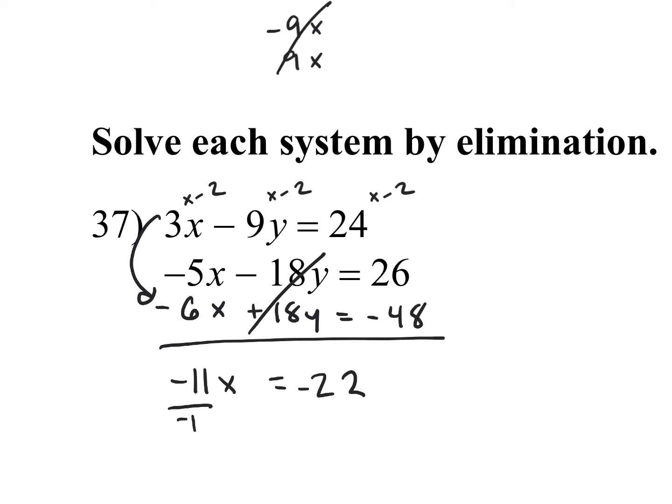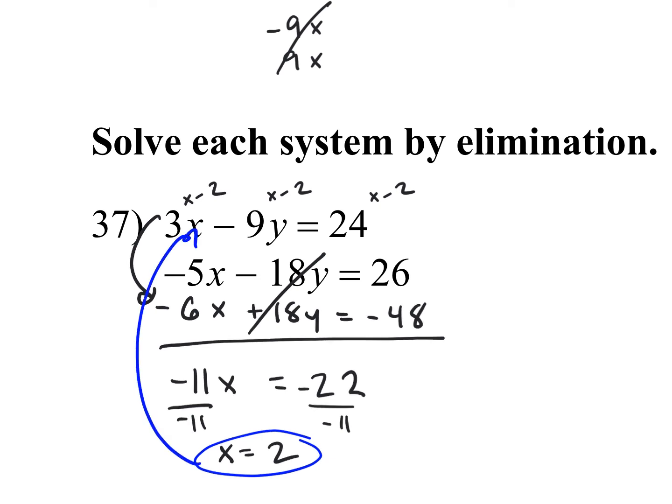And then what should I do next? Divide by negative 11. So x is equal to what? 2. And then how do I find y? Plug that in for x. So I'm going to plug it into the first equation. So 3 times 2 minus 9y is equal to 24. 3 times 2 is 6. Minus 9y is equal to 24.